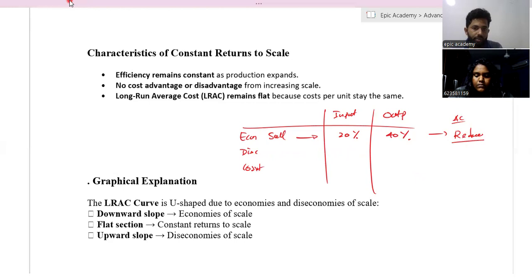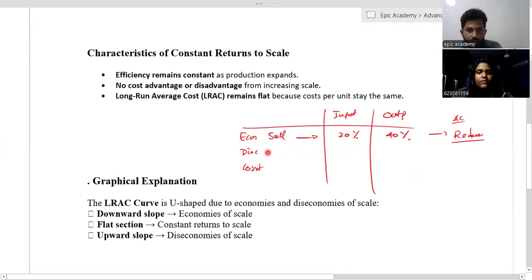During the period of diseconomies of scale, you increase the input by the same 20%, but the output increases by only 10%. It also increased, but only by 10%.